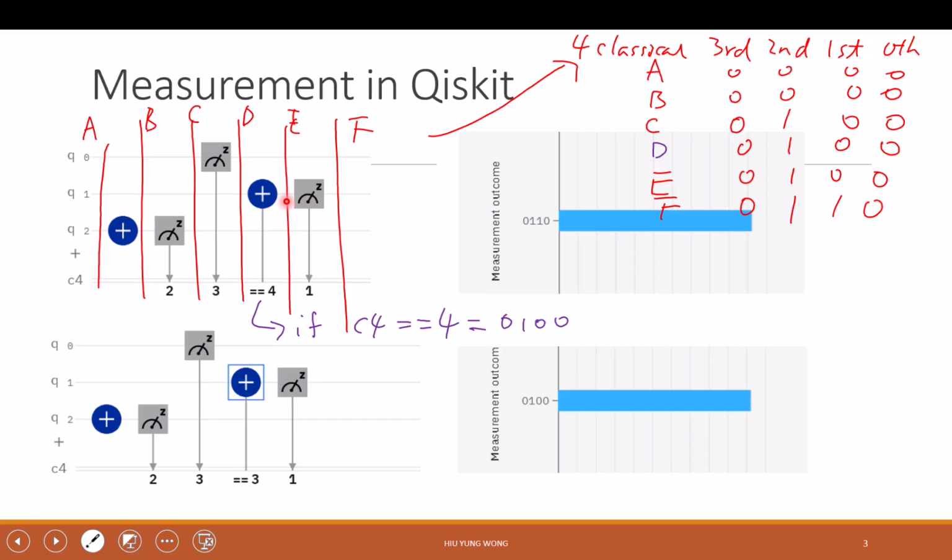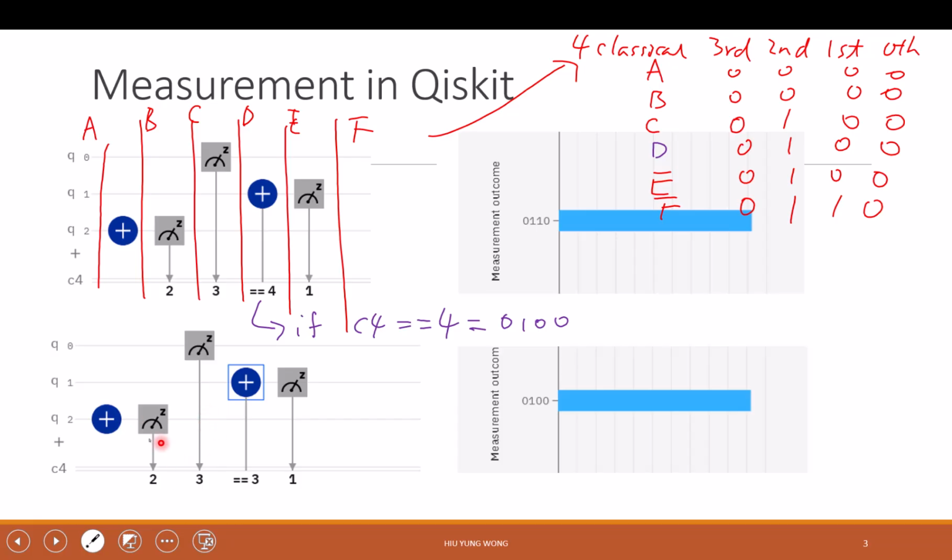Because the value of Q1 is now 1 because we applied the NOT gate. So when we measure it becomes 1, we put it into register 1, so it becomes 0, 1, 1, 0. As a result, at the end, we see 0, 1, 1, 0 in this simulation. Is that okay? I'm going very slow, but it's good to go through this.